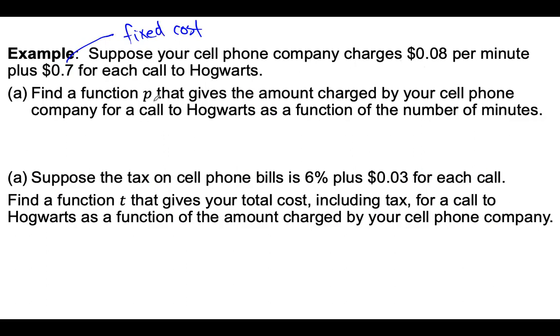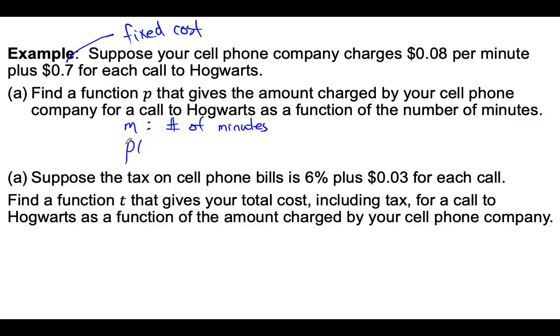So we're going to find a function, let's call it P, that gives the amount charged by your cell phone company for a call to Hogwarts as a function of the number of minutes. Let's say M is equal to this number of minutes.